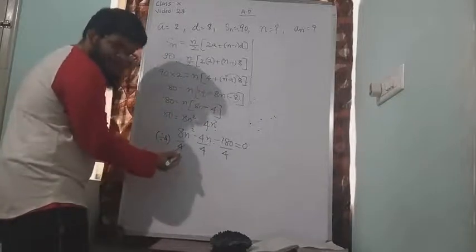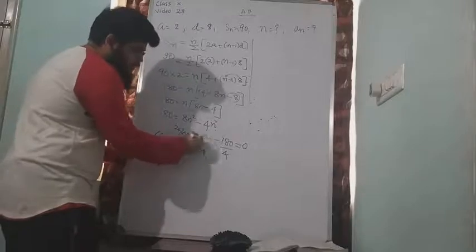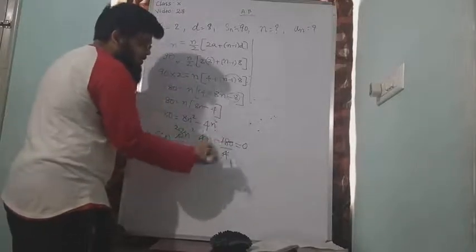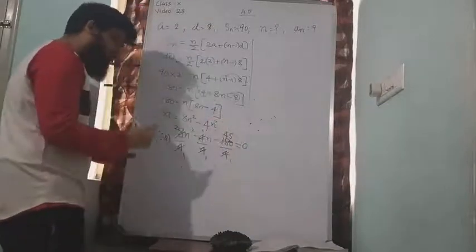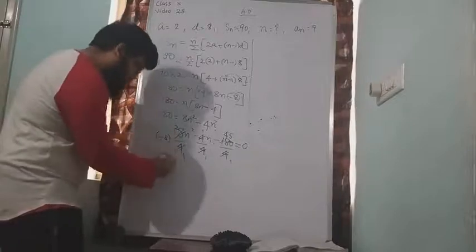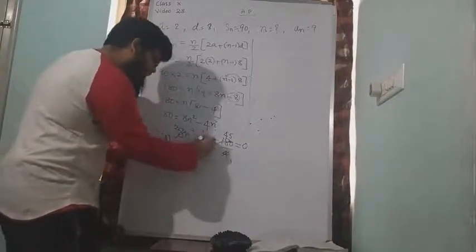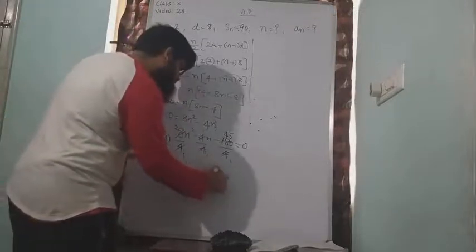So what I can do, I can cancel it. 4 ones are 4, 4 twos are 8. 4 ones are 4, 4 ones are 4, 4 twos are 8, 4 threes are 12, 4 fours are 16, 2 carry, 4 fives are 20. So now my new equation will be 2n square minus 1n, or you can just write n, minus 45.